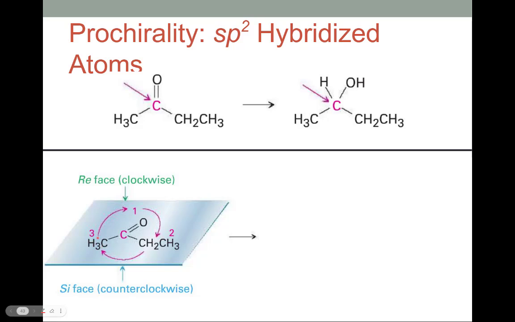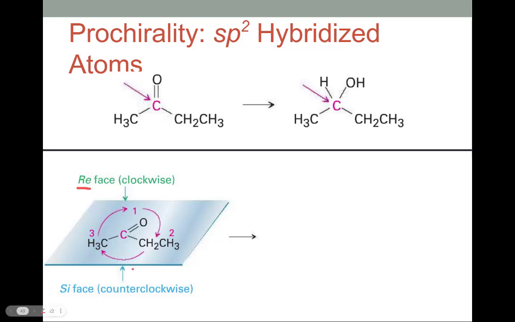In real stereochemistry, we would have said that's an R, but to distinguish this as prochirality, we're going to say it's Re. The word that led to R in the first place was rectus. So we used R before, now we're using Re, the first 2 letters.